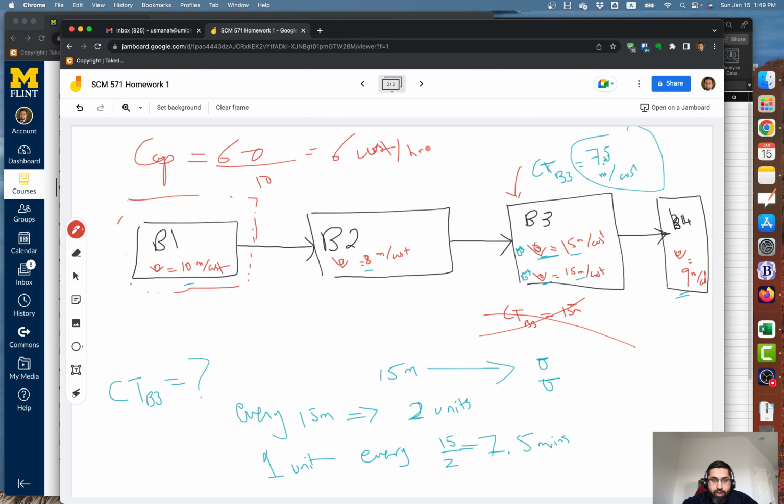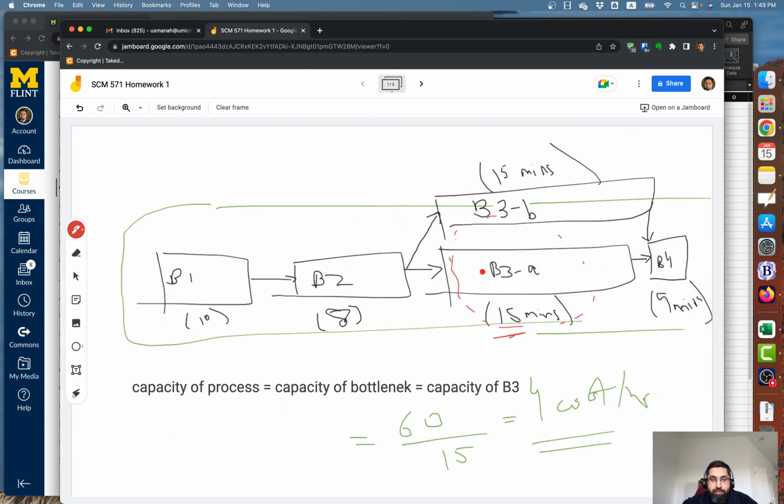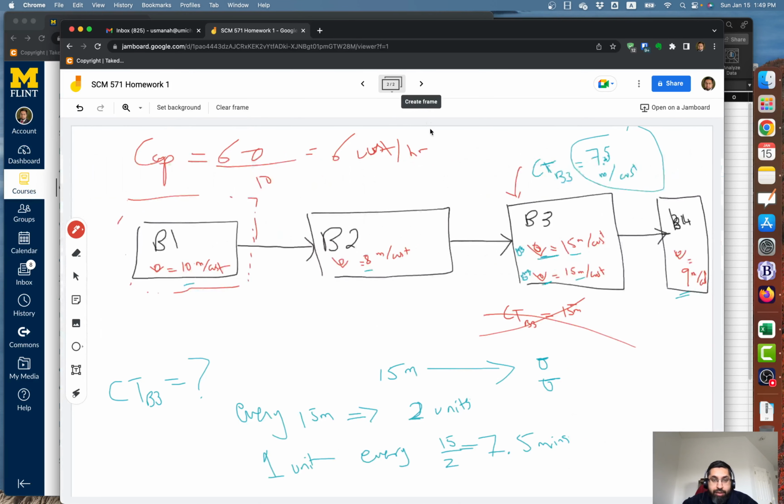per hour. So notice when we had just one barber taking 15 minutes, our capacity was 4. We added a second barber who also takes the same amount of time, and our capacity went up to 6. It did not double. Capacity of step B3 did double. So B3's capacity now is 8 customers per hour.